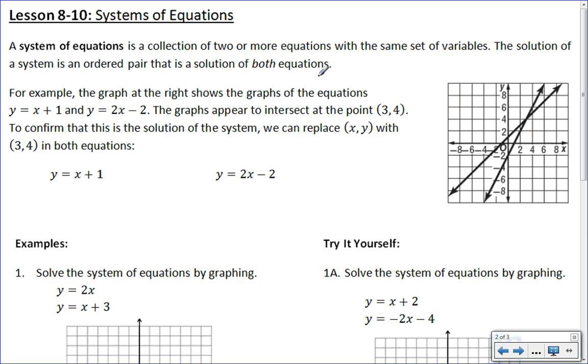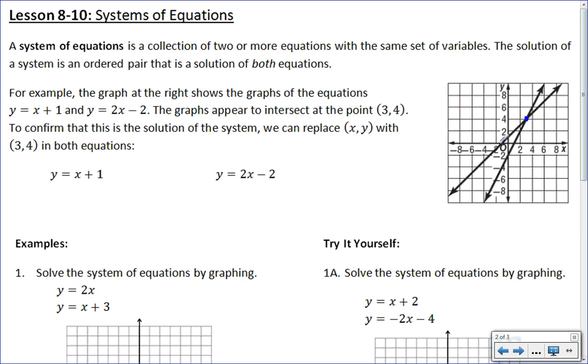For example, the graph at the right shows the graphs of the equations y equals x plus 1, that's this line right here, and y equals 2x minus 2, that's this one right here. The graphs appear to intersect at the point right here, (3, 4).